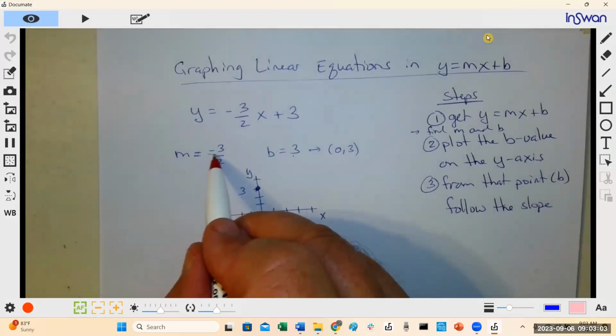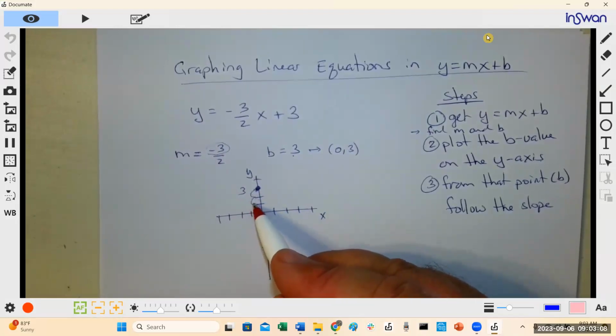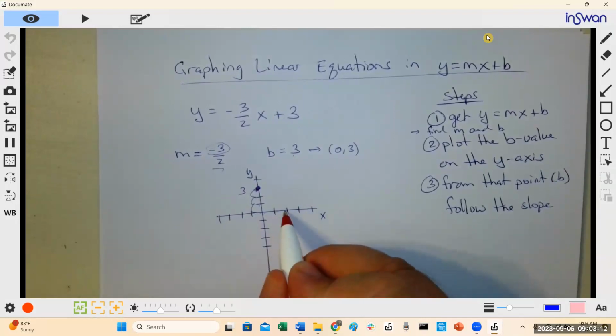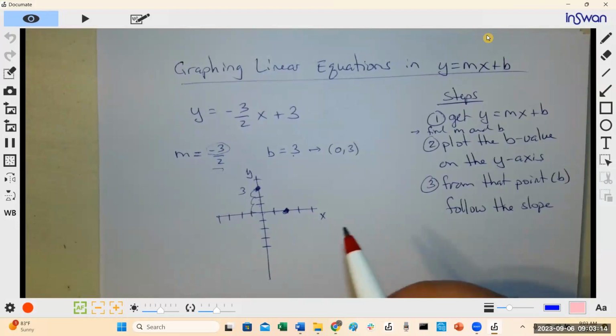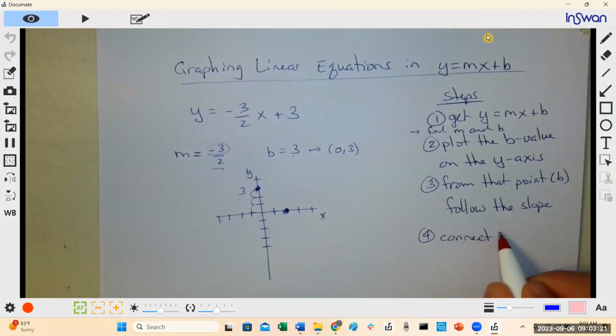The slope says negative 3, so we go down 3 from this point, 1, 2, 3, and over 2. And connect the dots.